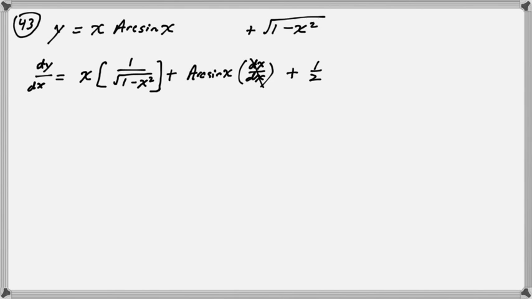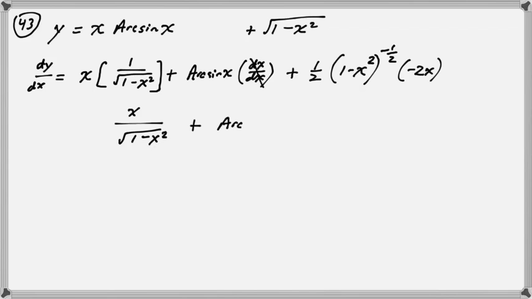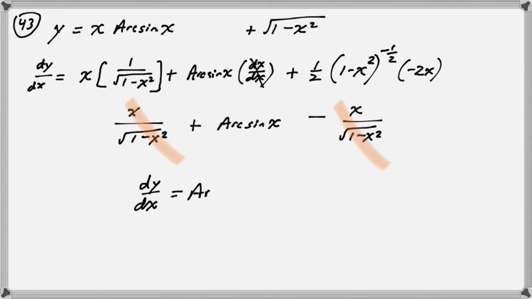Over here I would have power times base to the 1 less power times the derivative of the base. So this becomes x over radical plus arc sine of x. This would be minus x over a radical. This and this would add to 0, making dy dx simply the arc sine of x.